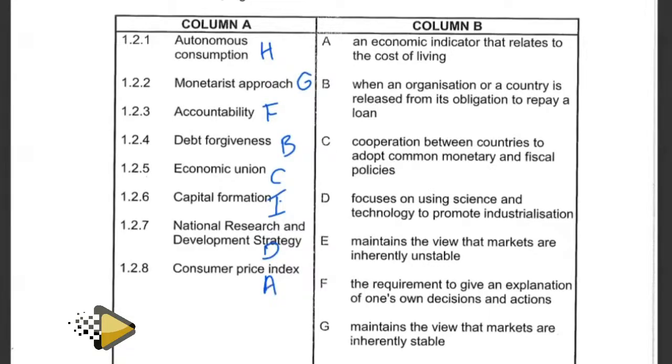Because remember, consumer price index is one of the measures of inflation. But this one does take into account the basket of goods and services that are actually being purchased by the households or the consumers or those who do buy goods and services. Okay, right, grade 12. So now let's move on to the next question.